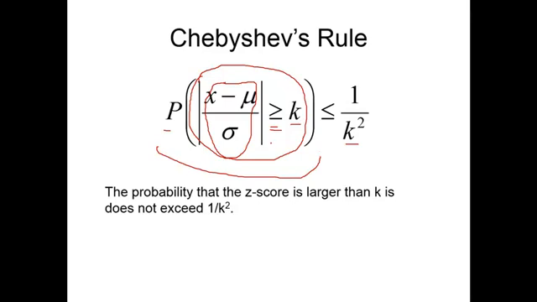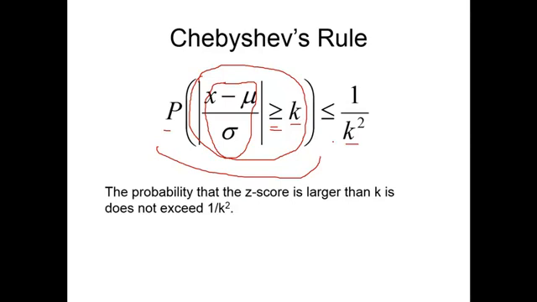And so the probability that the absolute value of the z-score is bigger than or equal to k is less than or equal to 1 over k squared. If you're not confused, it's because you haven't been paying attention.